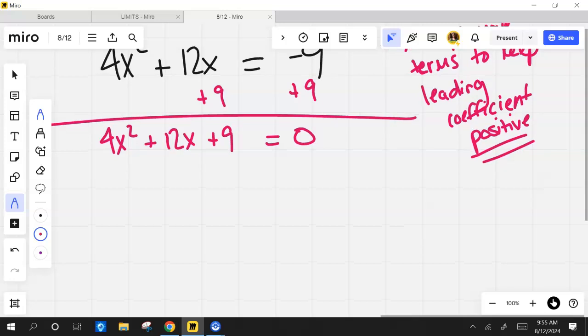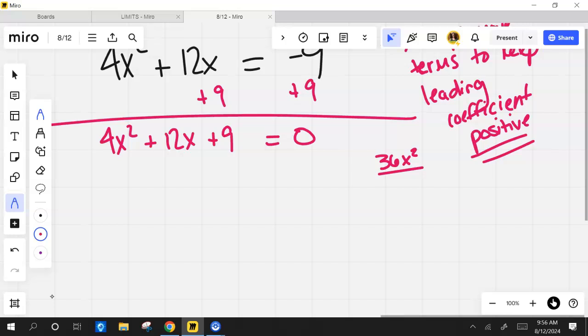All right. So I've got it equal to 0. I'm ready to factor. So my steps in factoring, run me through them. GCF, do I have a GCF here? No. So I'm ready to go ahead and start factoring, right? 4 times 9 is what? 36x squared.